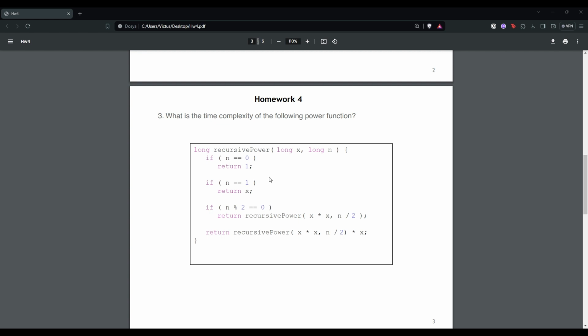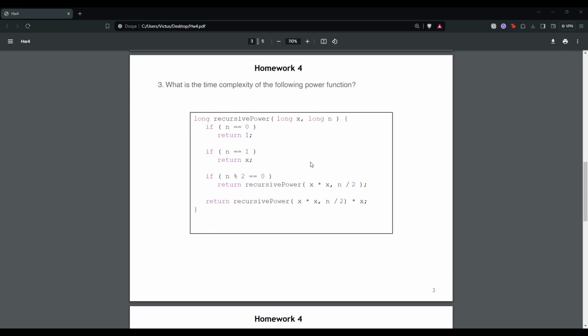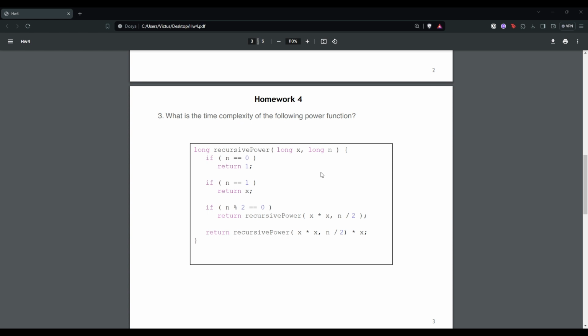In each recursive call, the value of n is halved until it reaches 0 or 1. Approximately, this results in approximately log n recursive calls, because each time n is halved.